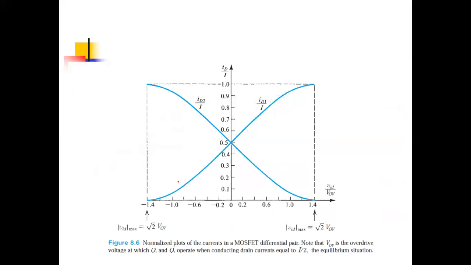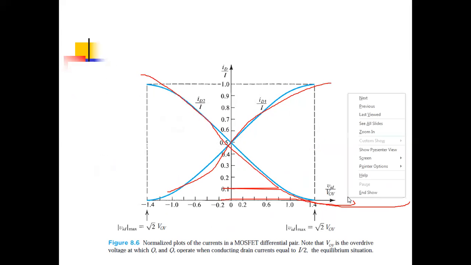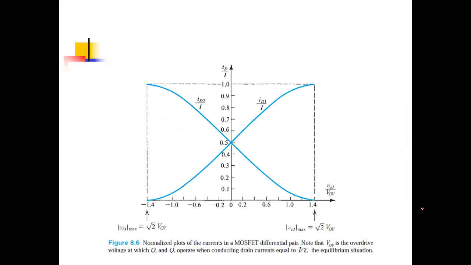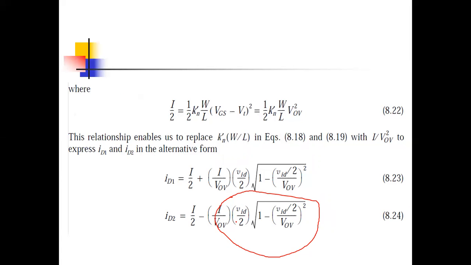So when this input differential voltage over the overdrive voltage increases, ID1 increases but ID2 decreases. Understood? Again, listen carefully. When VID over VOV increases, as per this equation, when this negative term increases, this term will decrease and this one will increase.